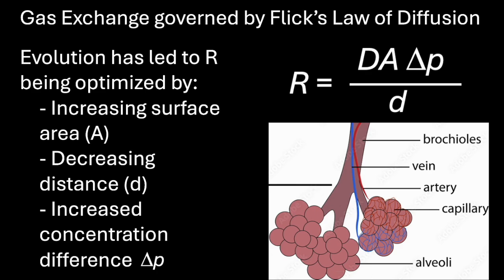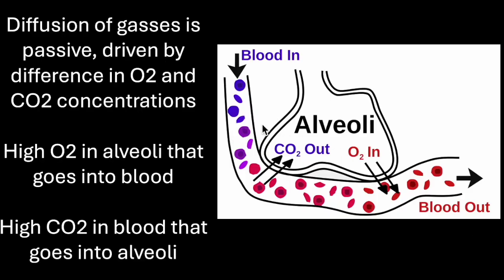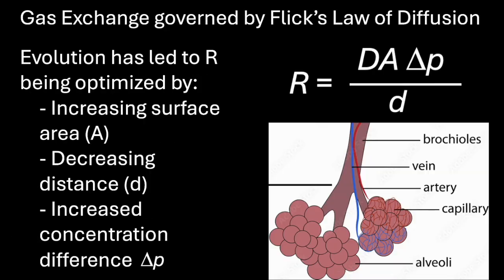So it's really thin, decreasing the distance between these and the bloodstream. And then there's the concentration difference that we already mentioned back here. So it's a really high concentration difference, meaning that this is able to occur at a rather efficient rate in combination with all of these other things. So we're really optimized to have gas exchange occur in these organs, which shouldn't be a surprise, but it's just kind of a cool thing that we see from an evolutionary perspective.